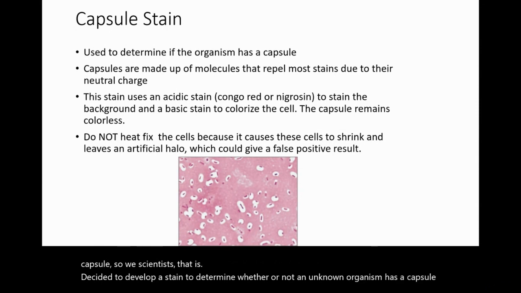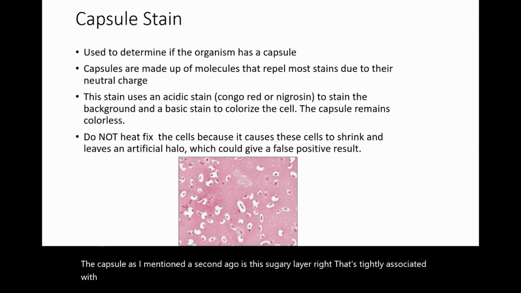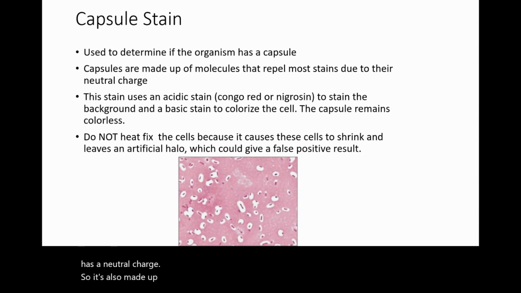So the capsule, as I mentioned a second ago, is this sugary layer, right? That's tightly associated with the organism. But the capsule overall has a neutral charge. So it's also made up of molecules that typically repel a lot of their stains because of that neutral charge, right?